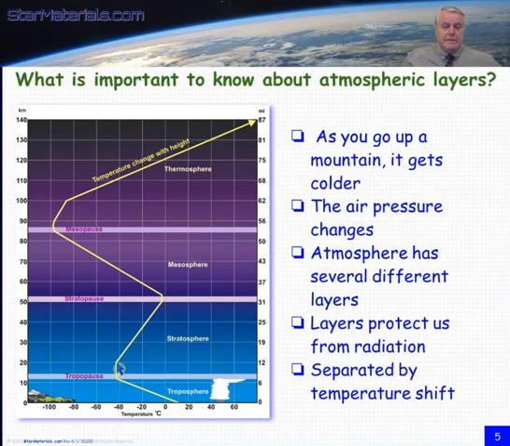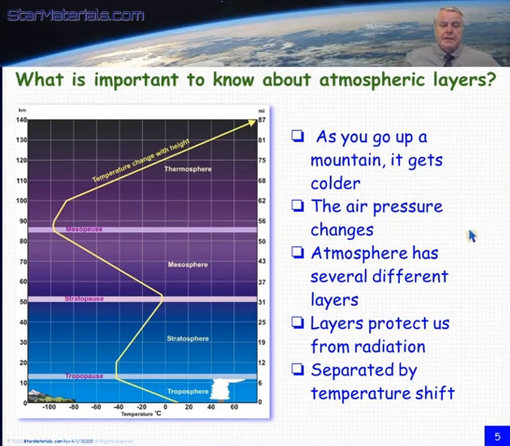But next, it starts going up. The temperature goes up when you're going higher from the Earth's surface. And then it shifts direction again and goes down, and then it goes up again.